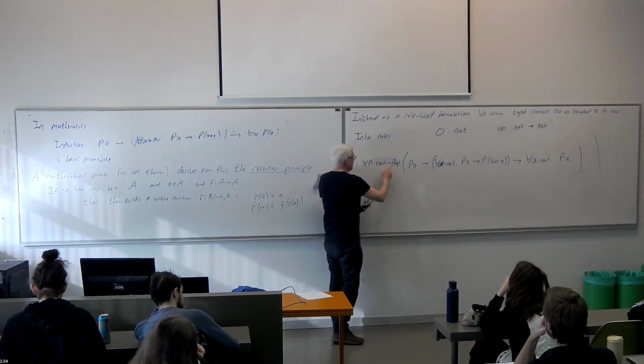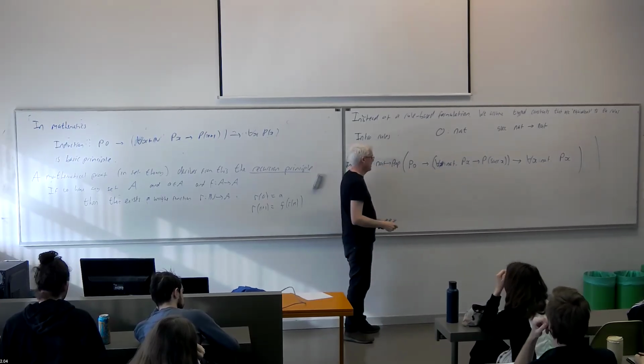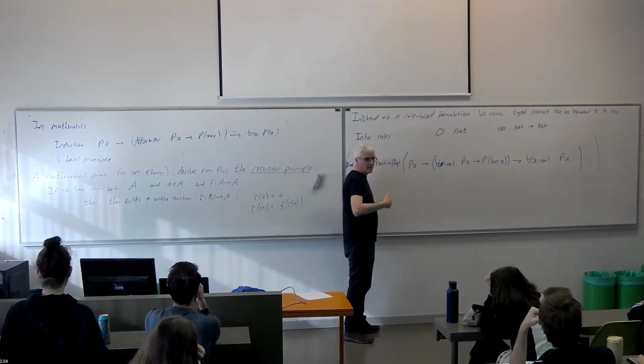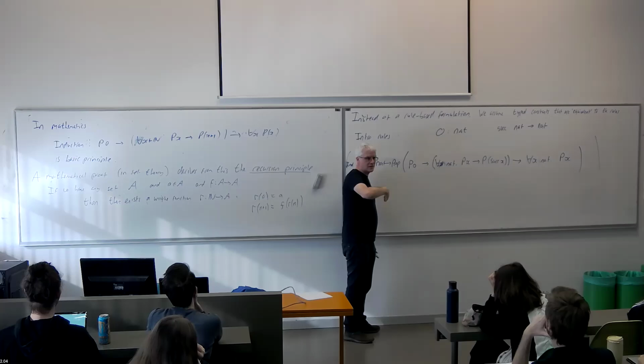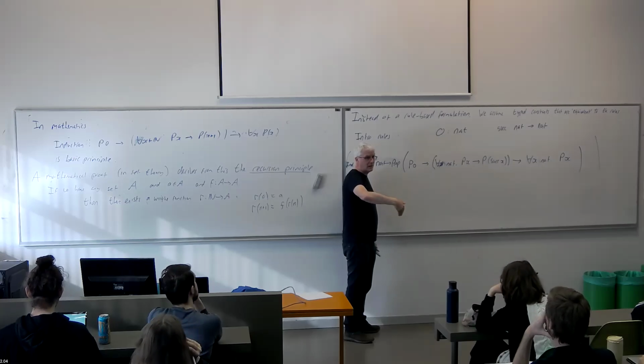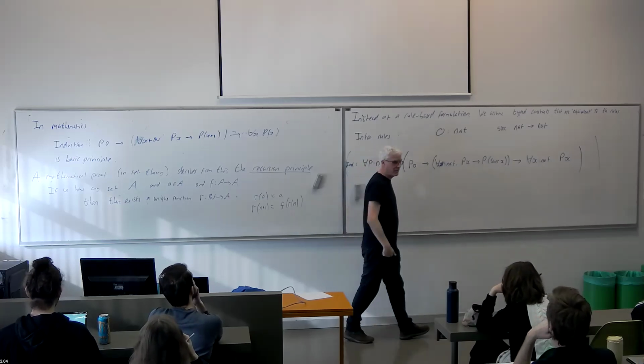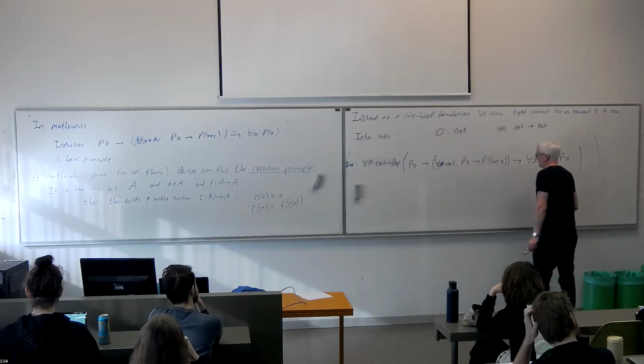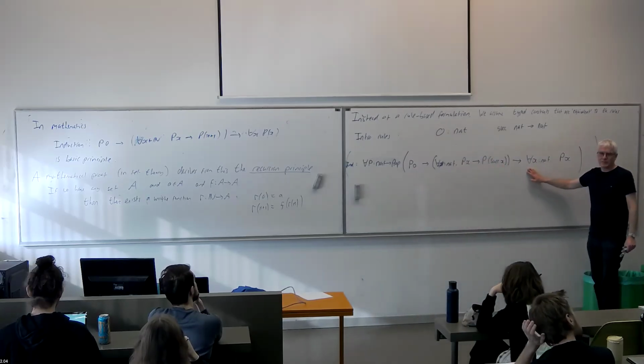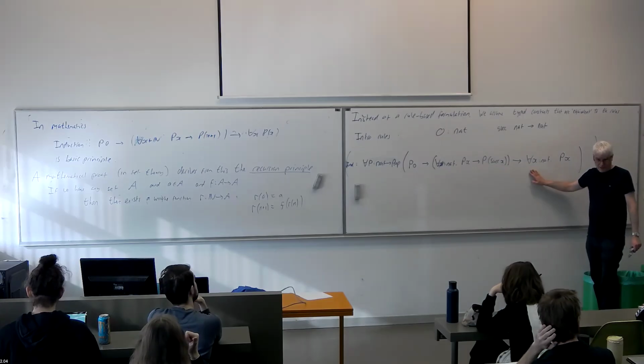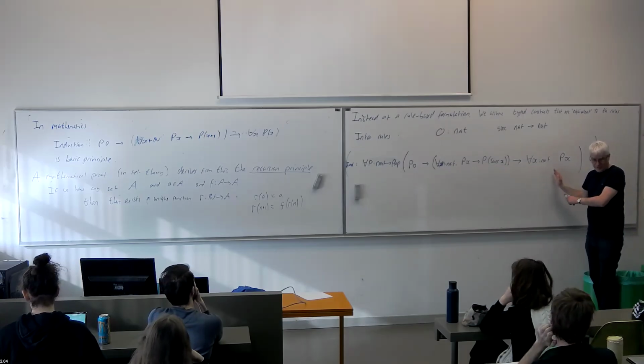So then arrow becomes function space, which is the same as implication under the interpretation of logic in type theory, under both interpretations of logic in type theory that we did last week. And the universal quantifier becomes dependent product type, which is again the same thing.